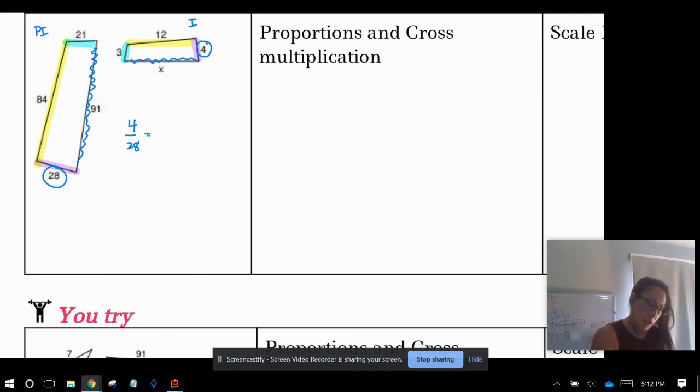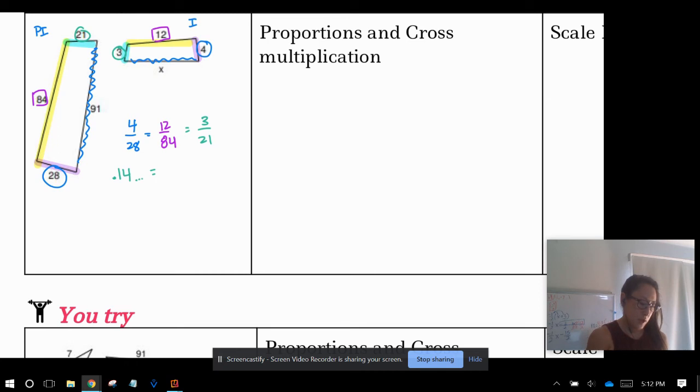I am then going to take my yellow sides, 12 over 84, and my blue sides, 3 over 21, and make sure that these are all the same. I'm going to type them into my calculator. 4 over 28 is 0.1425.